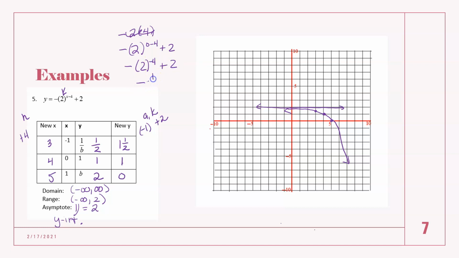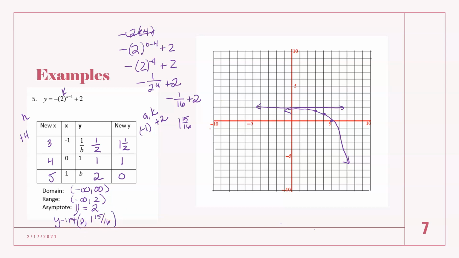So negative 1 over 2 to the 4th plus 2, which is negative 1/16 plus 2, holy cow, which gives me 1 and 15/16. Yikes. So 1 and 15/16 and 0.